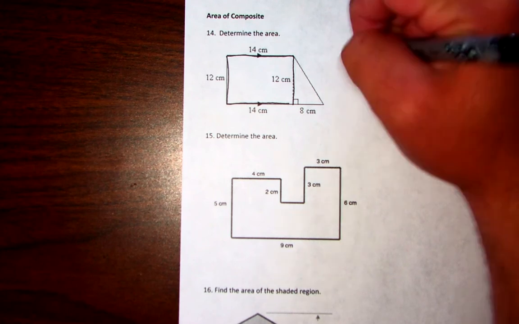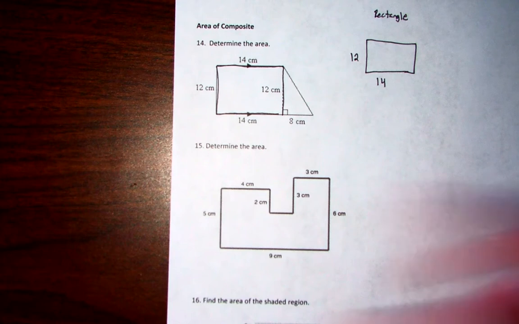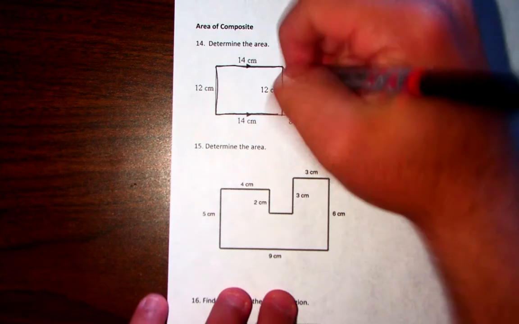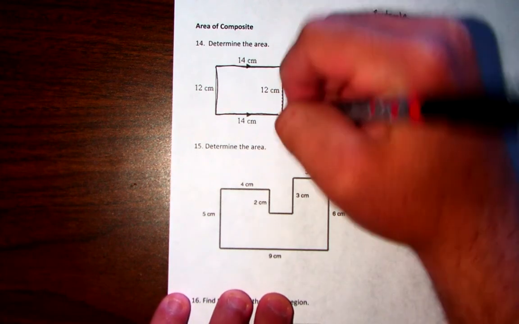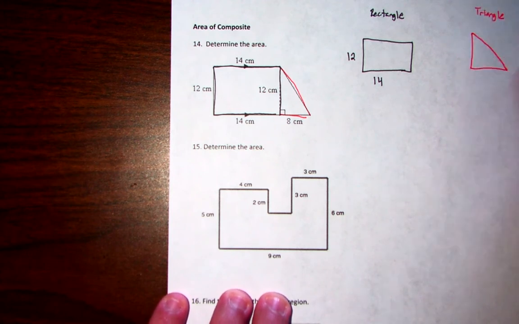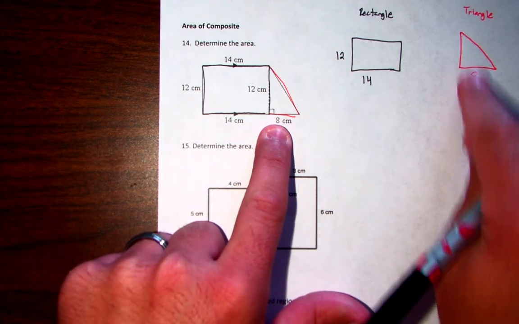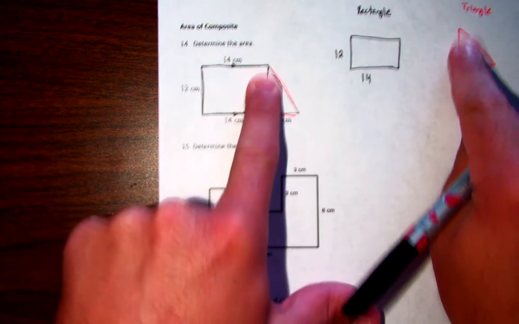There's its dimensions. And then I also have a triangle. It gives me the 8 for the base, and this height is right here. It gives it to me right there. It's 12.